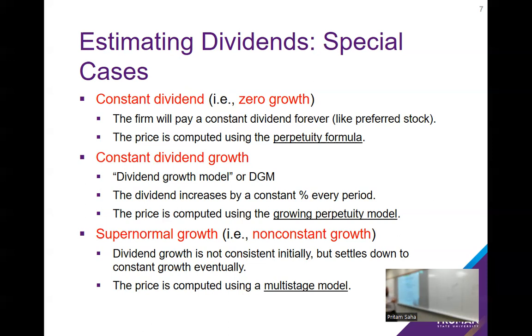Let's say for this corporation, next year they will grow 5%, and from then on they will grow 2% forever. Make sense? Because this is my dividend 1.